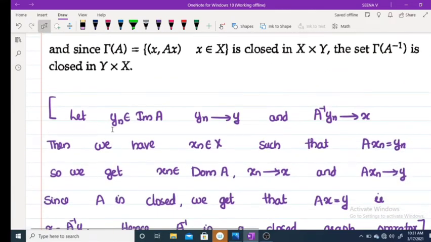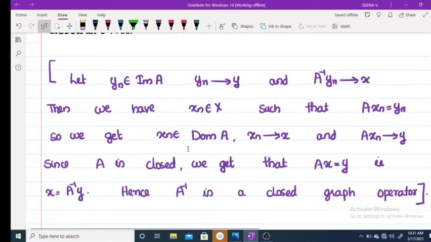So y_n belongs to the image of A, and there exists x_n belonging to X such that Ax_n equals y_n. So we get x_n belongs to the domain of A.